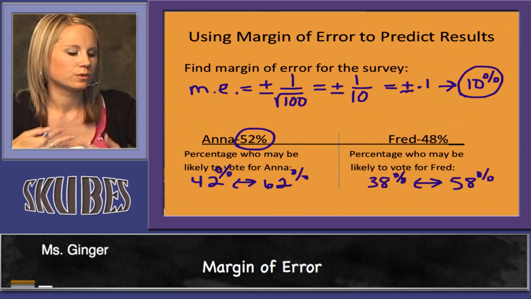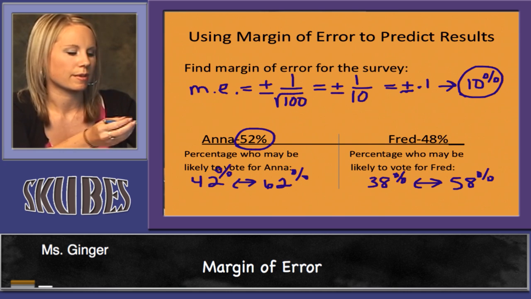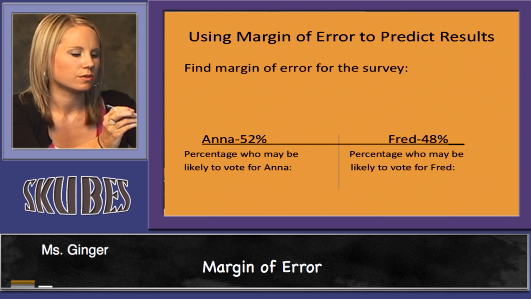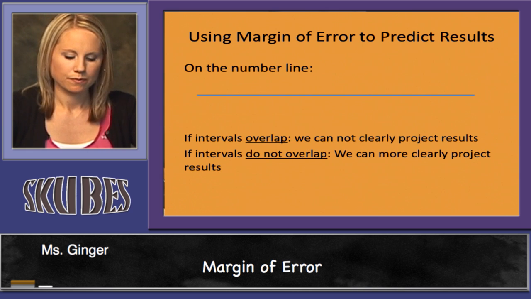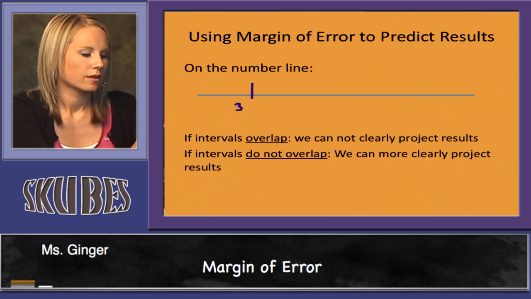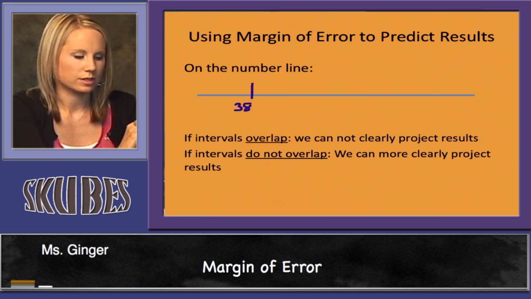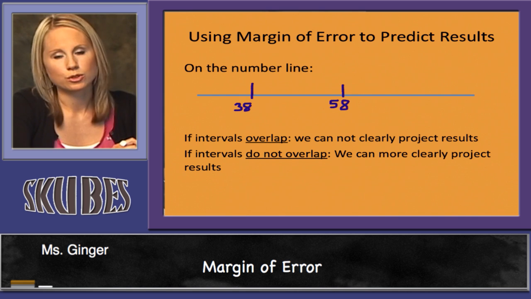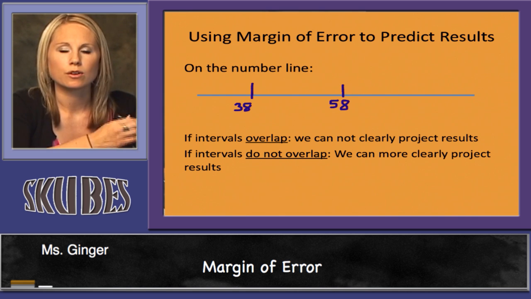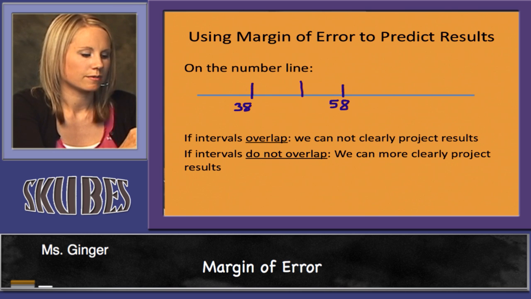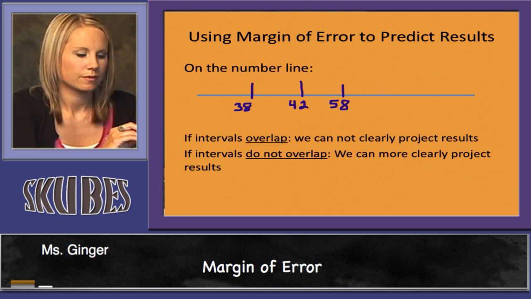So how can we use this to determine something about the results in this actual election? What we're going to do is see if these ranges overlap at all. On a number line, one person's interval falls between 38 and 58%, and the other person's was 42 to 62.